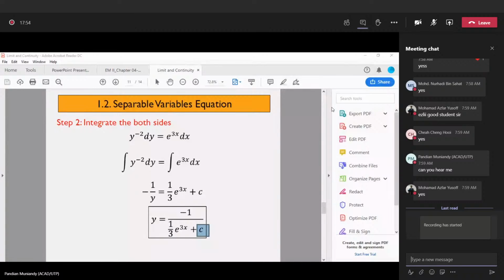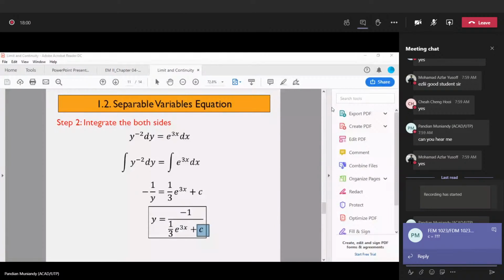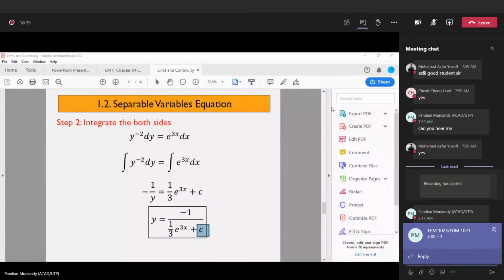In order to find the C value, you have an initial condition. We write like this: y(0) equals 1. Can you find the C now?